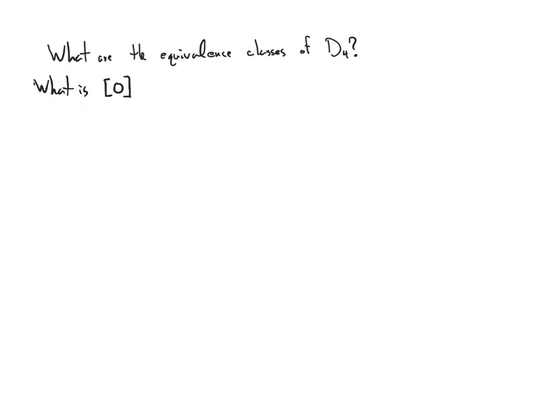And let me remind you, because it's not on this slide, the equivalence class of A is all elements x in whatever set your relation is on, such that x is related to A. So it's everything that's related to A. So we want every number that is related to 0. So let's see if we can figure out this set.